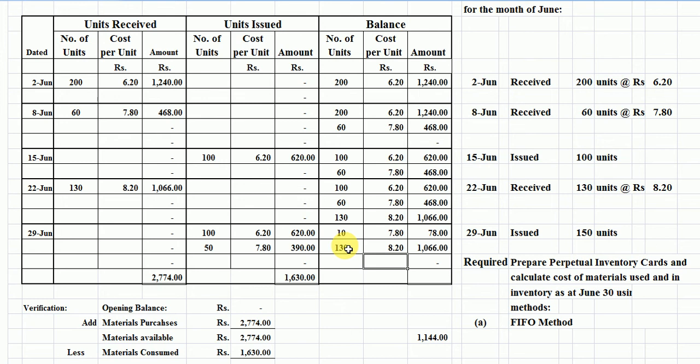Students, you are looking, we have used the FIFO method in this perpetual inventory card. FIFO means first in, first out. The stock that is purchased first is issued first.